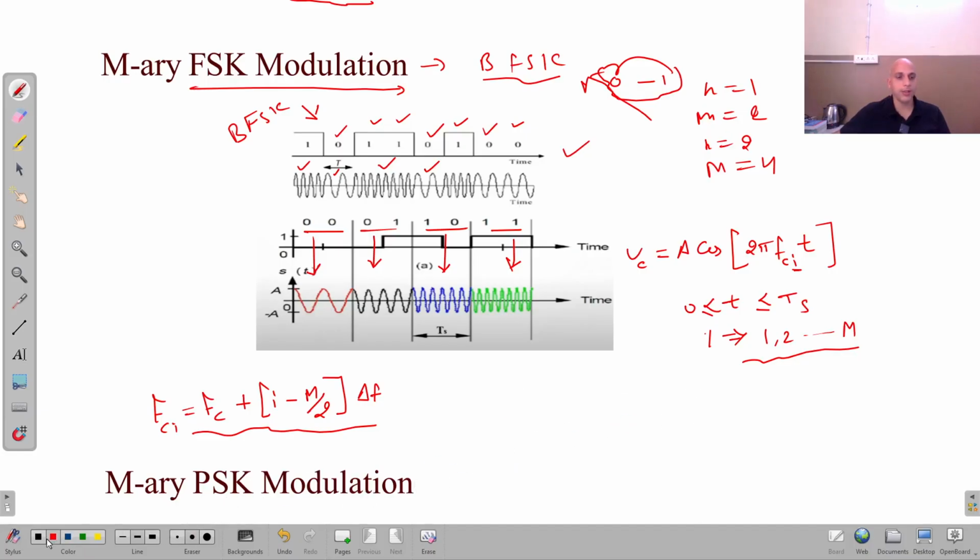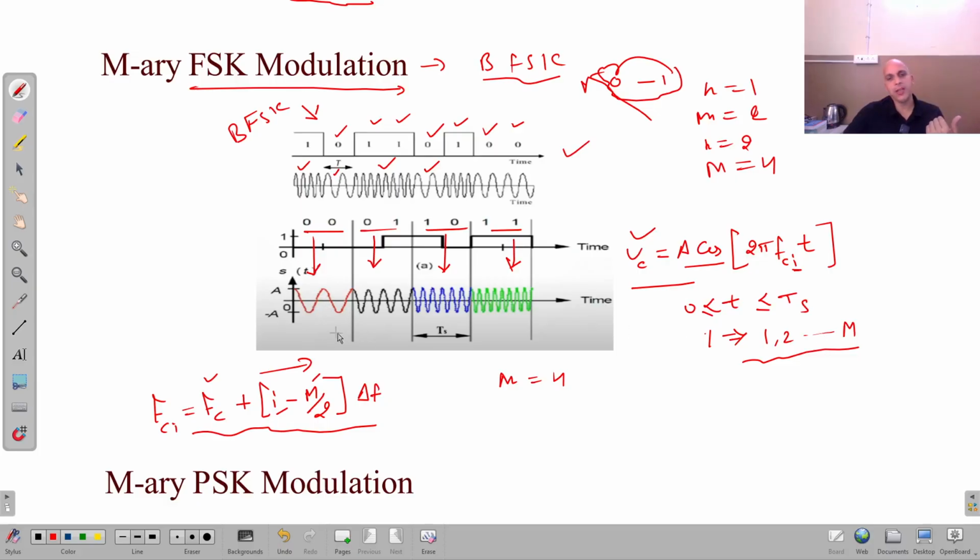So actually here you are given this relation for the modulated frequency shift keying waveform, a high frequency carrier wave, and here fci is given as fc, the central carrier frequency, plus the deviation that depends upon i and M. So you can take the value of M. If I told you M is equal to 4, then you can take different values of i: 1, 2, 3 and 4.